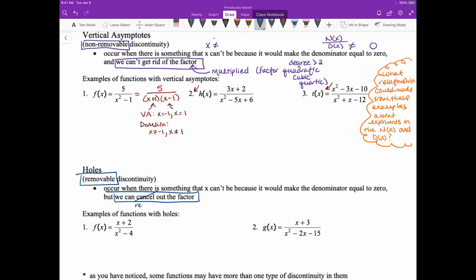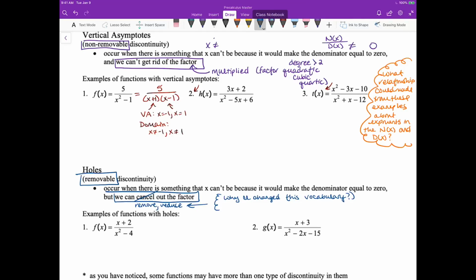And I'm going to change this to remove or reduce, and think about why I changed this vocabulary as we look at if we can factor and cancel out any factors of these examples of functions.